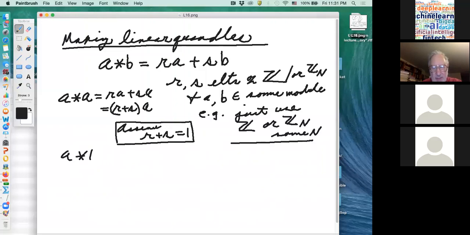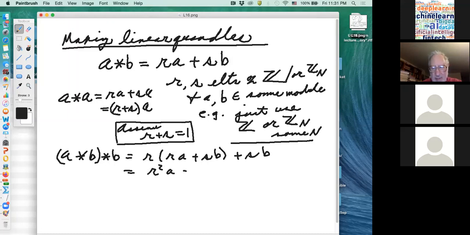A times B times B. Well, that's going to be R times A plus S times B, plus S times B. And that's equal to R squared A plus S times R plus 1 times B, right?